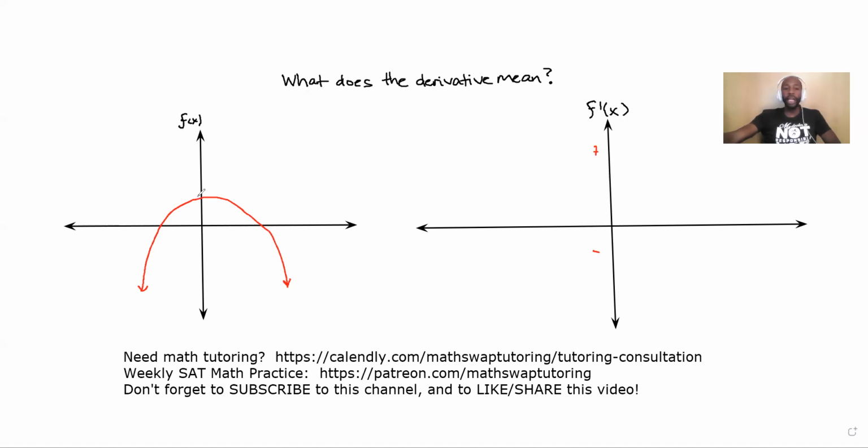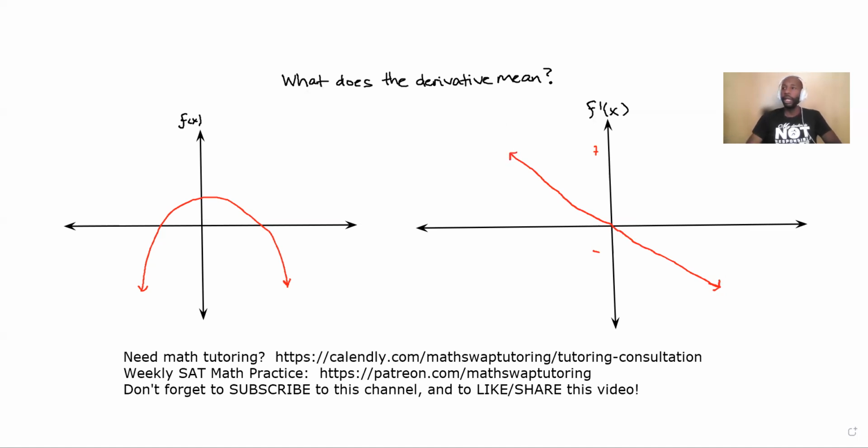And then in between, right at this point somewhere, at x equal to 0, it transitions from positive to negative, which means that we have in this case a maximum, a point where the derivative is equal to 0. So literally the derivative of this is positive. Then at x equal to 0, it touches the x-axis. That means it's equal to 0. Then it goes negative. So the derivative of the original function will look something like that.